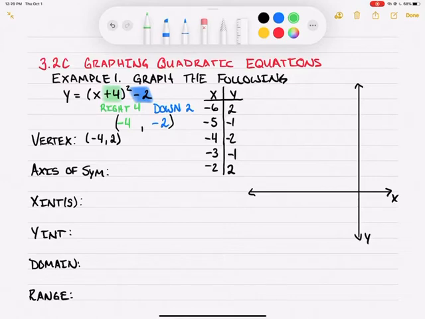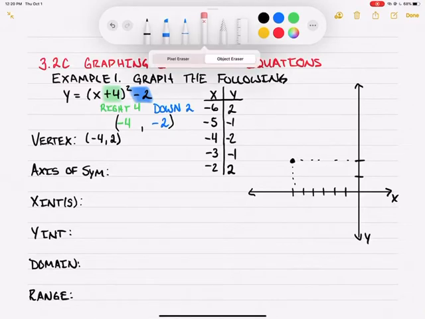Like I said before, I'm going to plot, I'll keep it all in black. So for my first point, I have negative 6, positive 2. And I'm just going to put a dot about where those two meet up. So they meet up about there. So that's how I get that dot there.